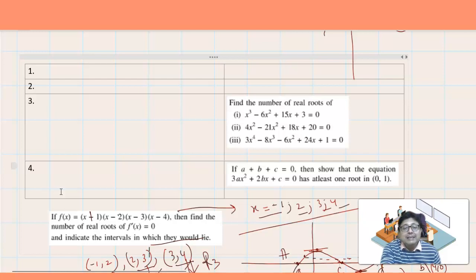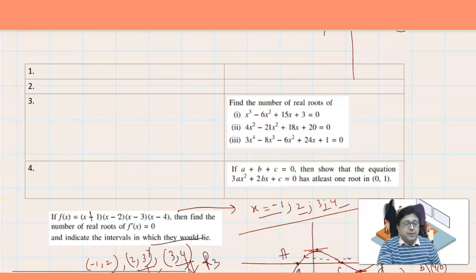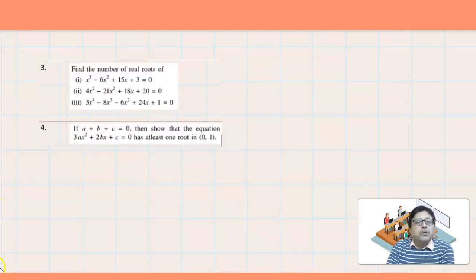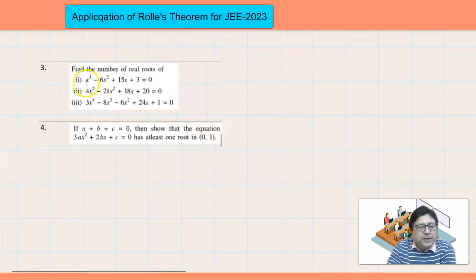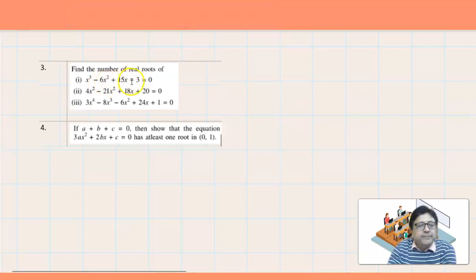Let us see the next type of question where they have asked to find the number of real roots of this equation. Now Rolle's theorem can be used to find the number of real roots of an equation like x cube minus 6x square plus 15x plus 3 equal to 0.